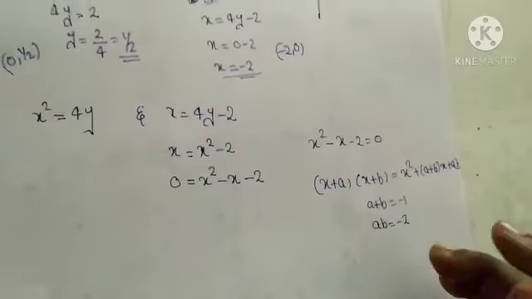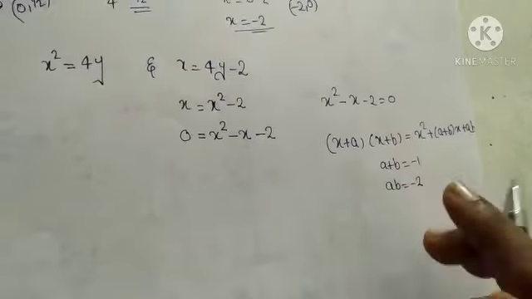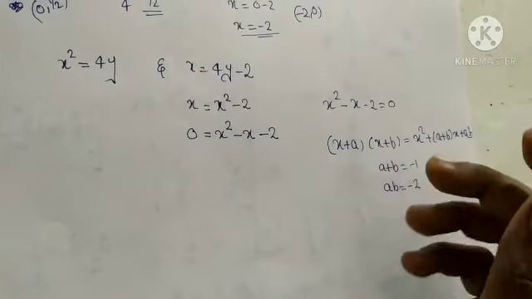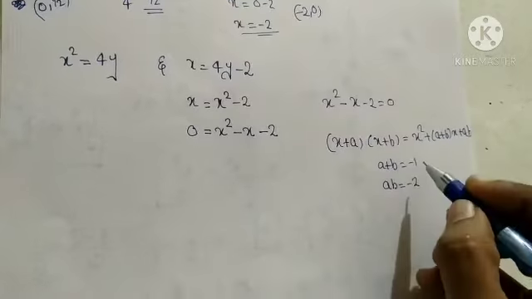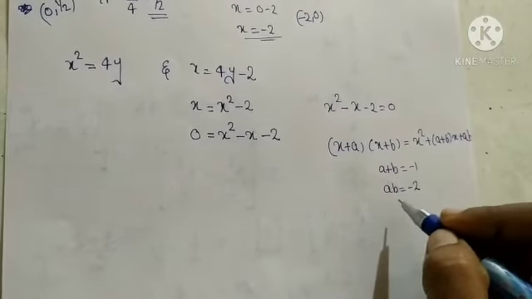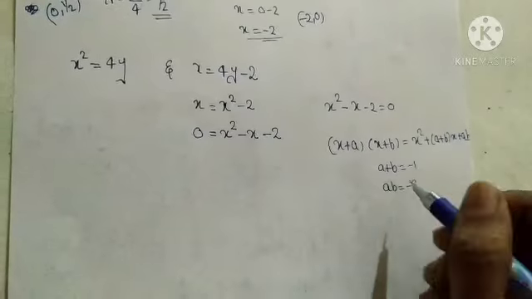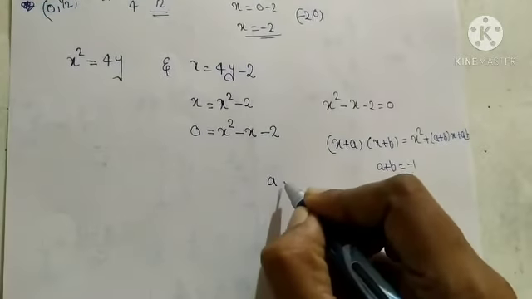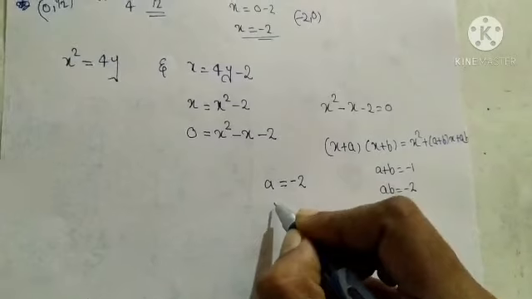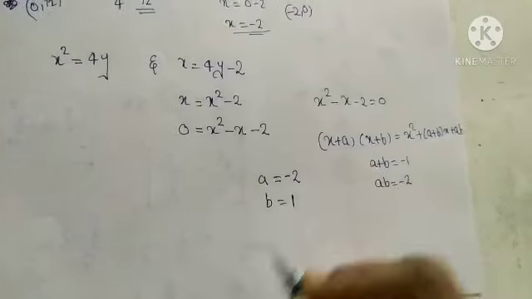So it is very easy to find out two numbers. If we add two numbers we get minus 1, and multiply these two numbers, we get minus 2. The numbers are a equal to minus 2 and b equal to 1.